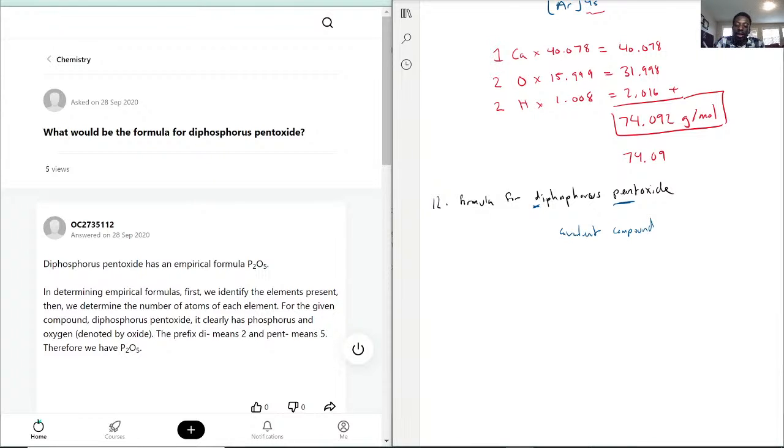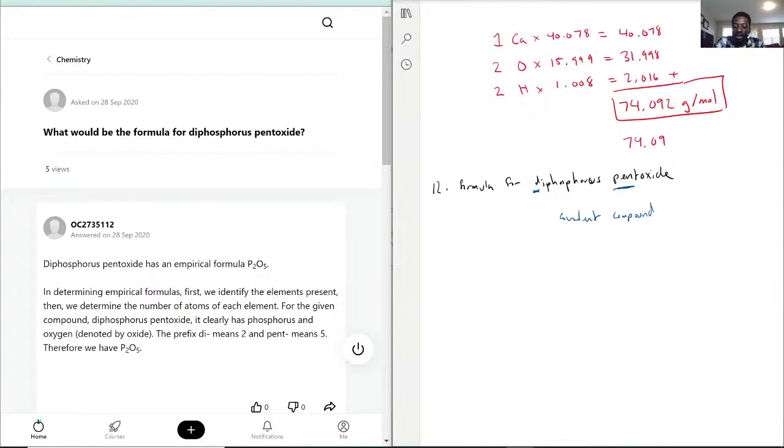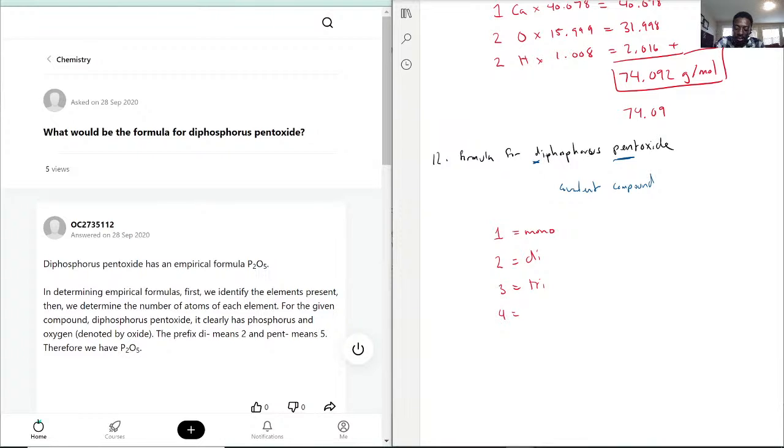I'm going to list every prefix up to 6. 1 is mono, 2 is di, 3 is tri, 4 is tetra, 5 is penta, and 6 should be hexa.